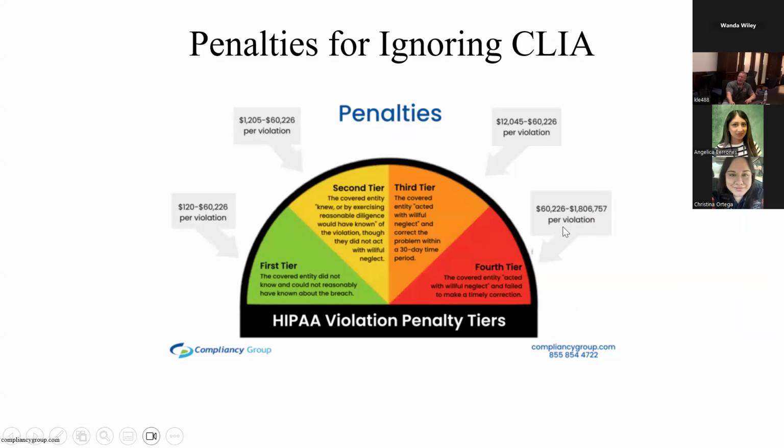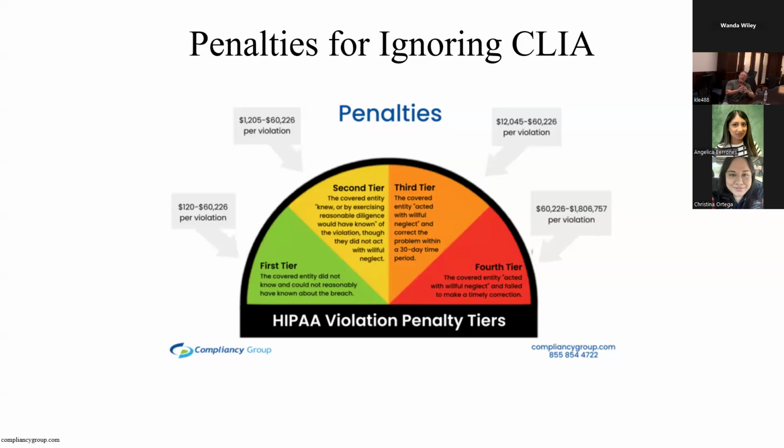And labs get shut down all the time for this because not only will they beat you to death with these fines, but they will also make you reimburse the fees that you charged every patient that came in and got tested in your lab while you were committing these infractions. And then you've got to send out letters saying, boy, I suck, to all these people. Basically, this will kill your lab.